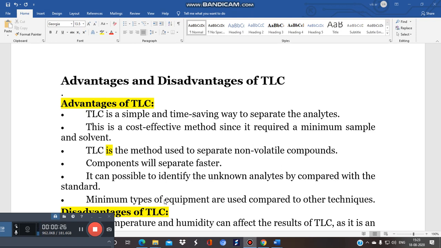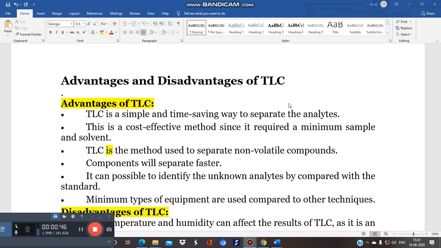So as we have covered the thin layer chromatography concept, that is the TLC, we know TLC, or you can say chromatography, is widely used for identification, purification, separation and isolation purposes.